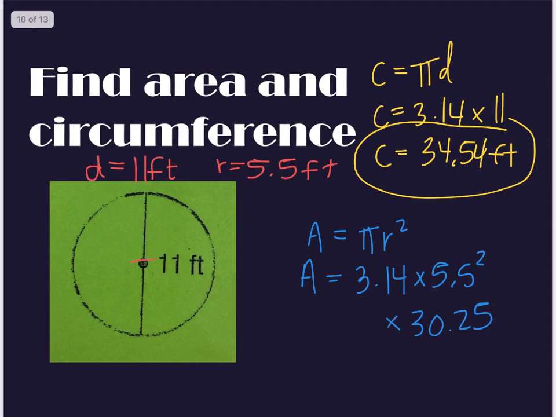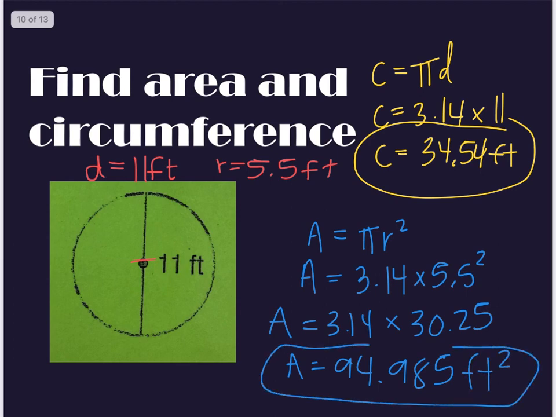And we're going to do that times 3.14 to get our area. And that gives you, your area here is 94.985. Now we could probably round to the hundredths here. I'm just going to leave it, and it is going to be feet squared. So that would be the area of this circle when they give you diameter.